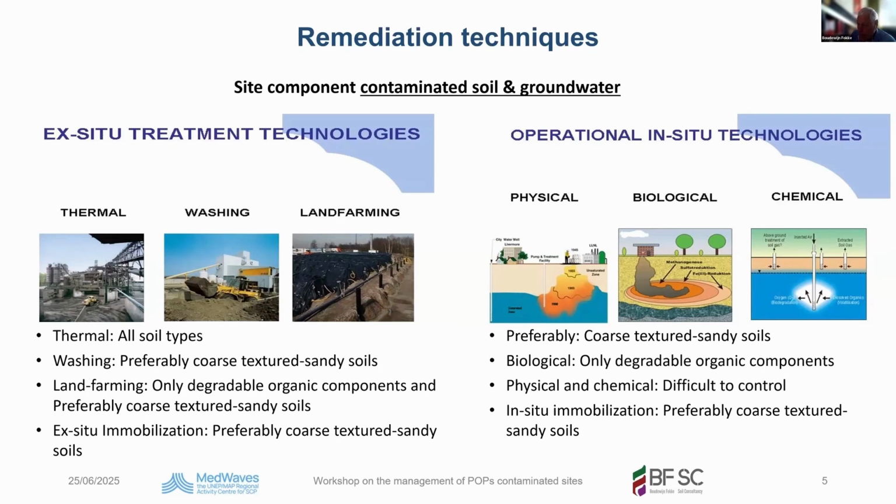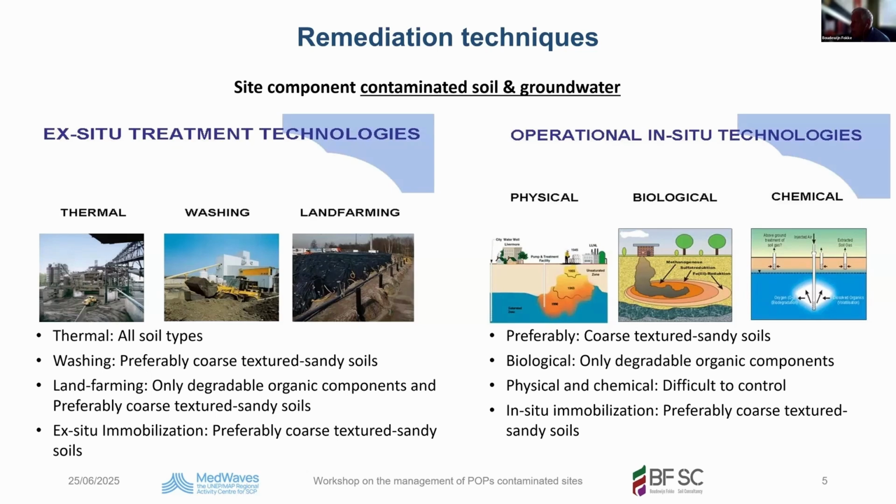And then we have ex situ immobilization, which is not on this picture above, preferably coarse texture soil. Immobilization is, for instance, used in many tar lagoons in Europe, and then it's mixed. It's taken out, it's mixed with cement bentonite with a certain formula, and then it's put into a landfill. So you have a monolith which is stabilized, immobilized.